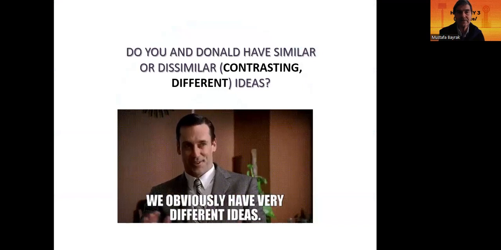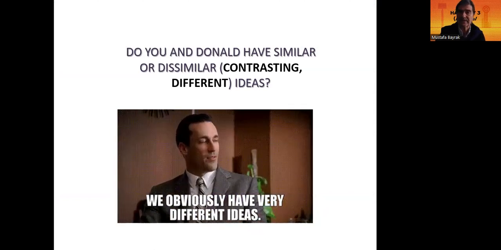Now, we obviously have very different ideas, very different approaches, very different perspectives, outlooks, views. Do you and Donald have similar or dissimilar, contrasting, different ideas, opposing ideas? We have dissimilar ideas.